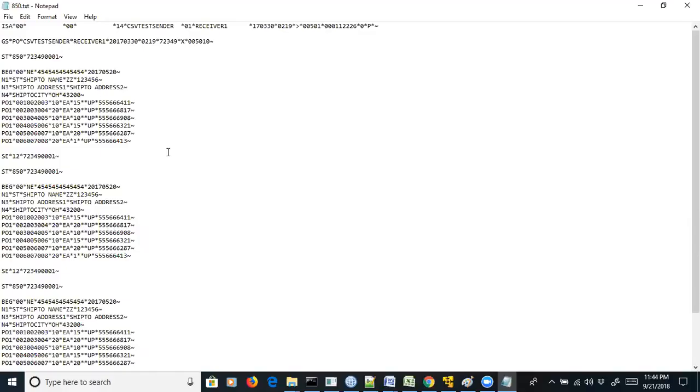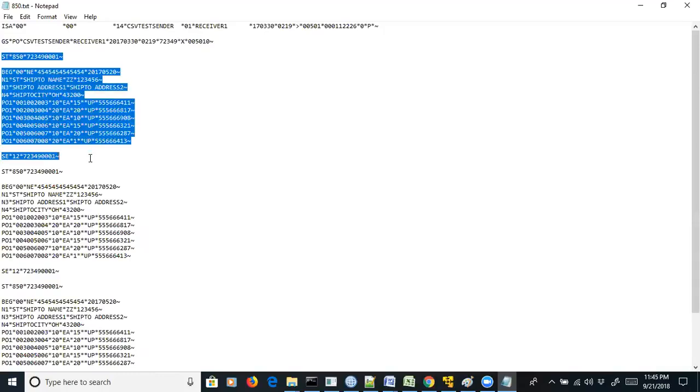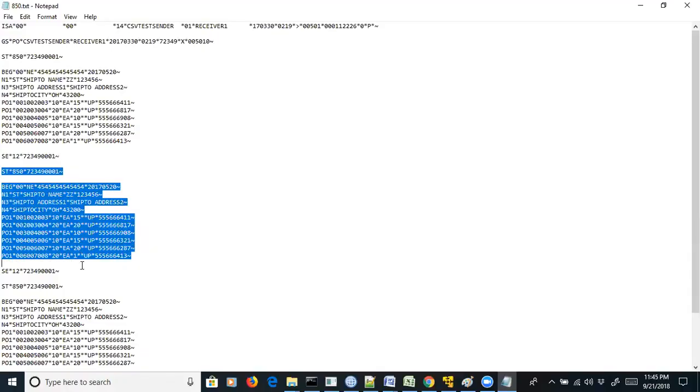So your functional group, right? If you see this, you have PO that represents purchase order. Your functional group will surround similar types of transactions, right? So in your GS you can have multiple STs, as you can see here.